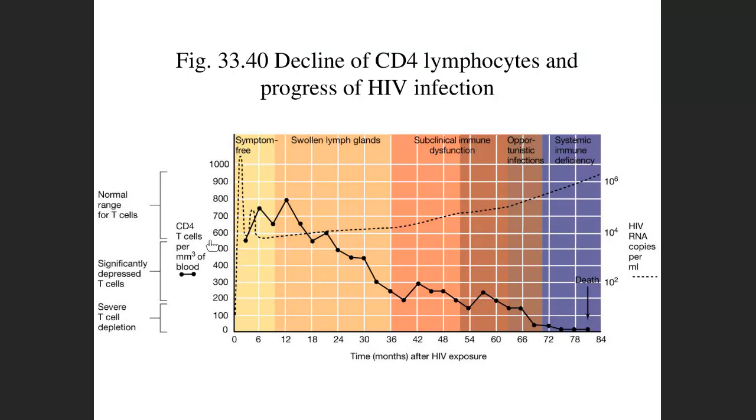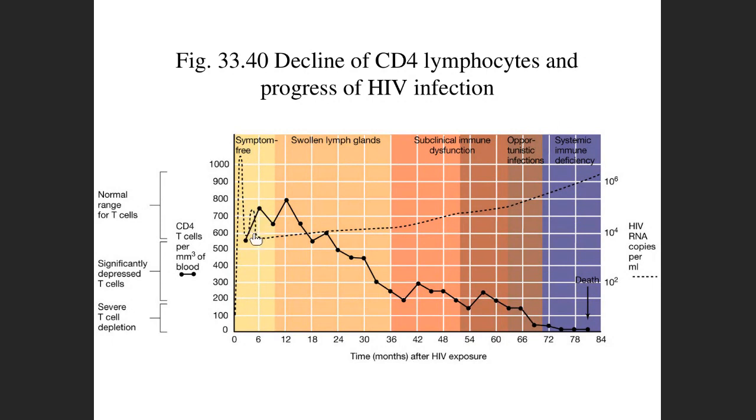So if you were to track the CD4 cell, this is what we'll see. The dashed line is tracking the virus, the viral copies, and this is tracking the CD4. When you initially have an infection, you have lots of virus, but then the virus actually gets contained a little bit, because your CD4 cells, T cells, start kicking in, trying to control it.